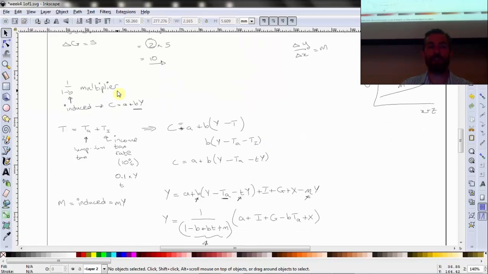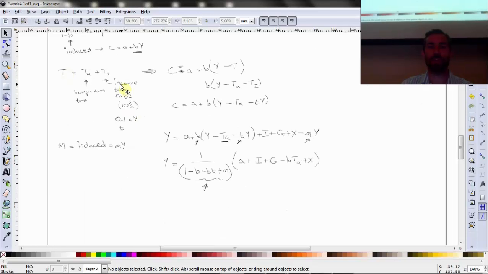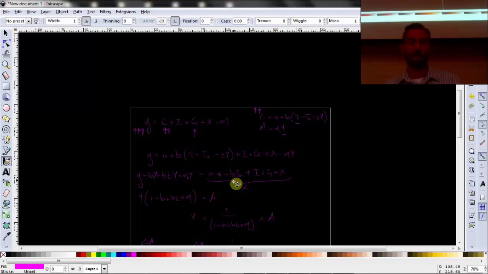When we expanded our function to include induced taxes as well as induced imports, our equation became Y equals A plus B times Y minus autonomous taxes minus induced taxes plus I plus G plus X minus induced imports. Then we see that our multiplier includes not only induced consumption components, but also induced taxes and induced imports. Okay?